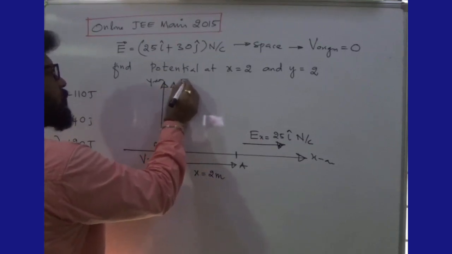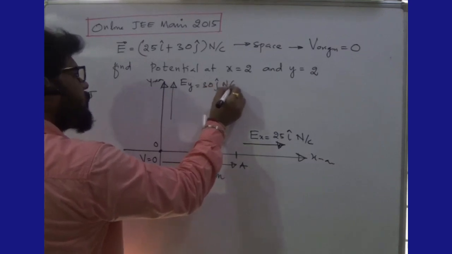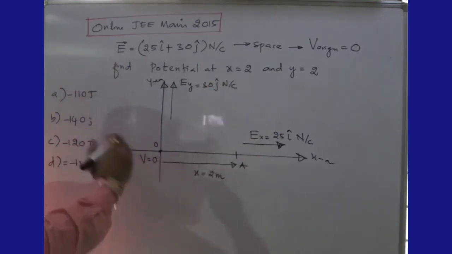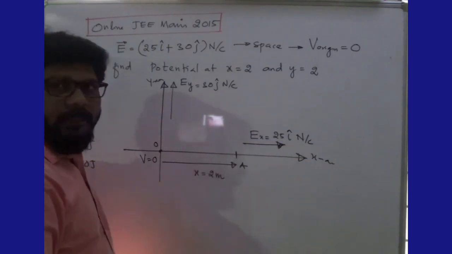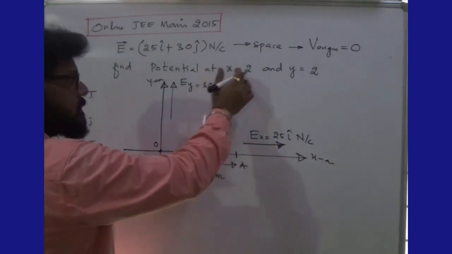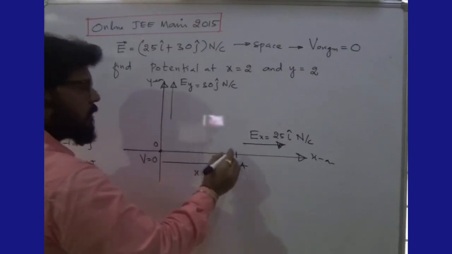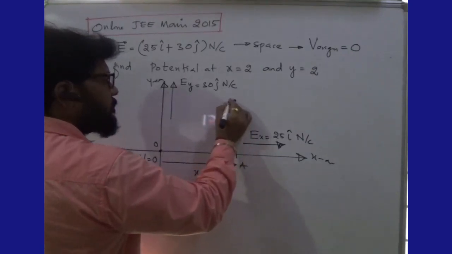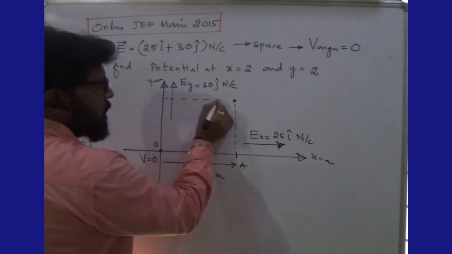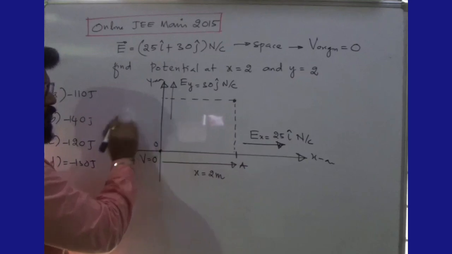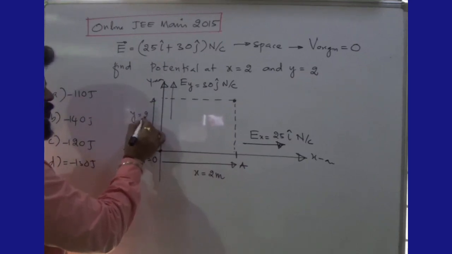Ey equals 30 j cap newton per coulomb. So Ex and Ey are given. We want to calculate at point A, where x equals 2, and then y equals 2 is what we require. Just take a point here, this is y equals 2, so this distance is 2.